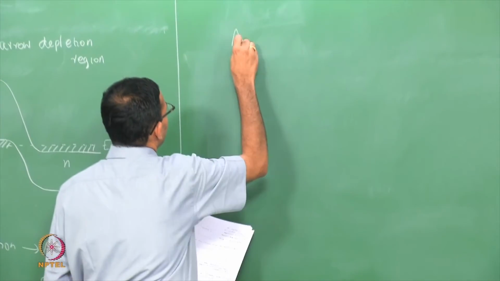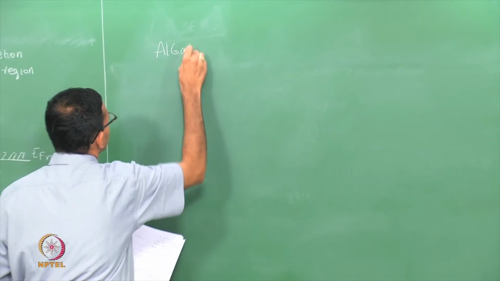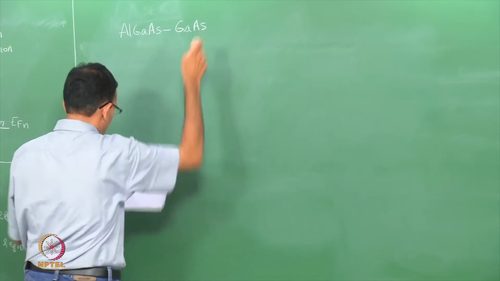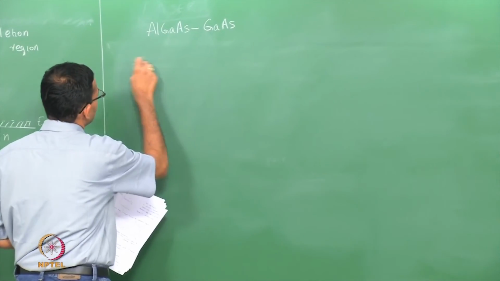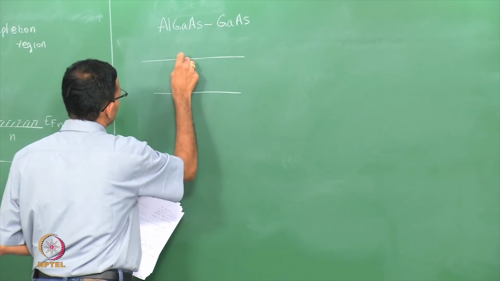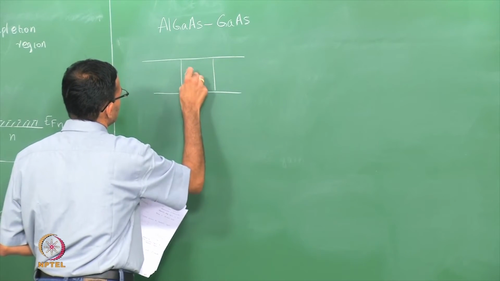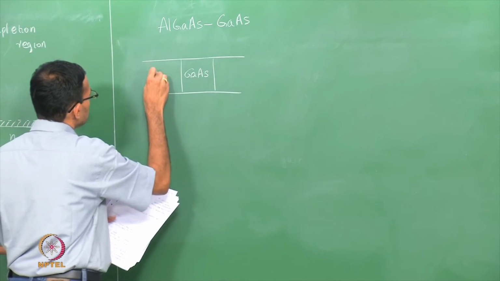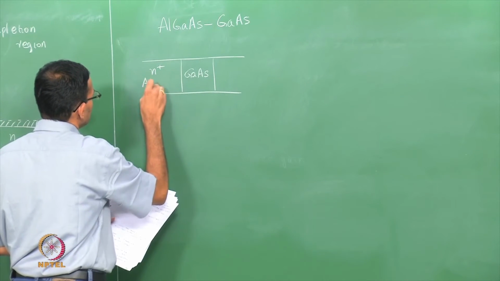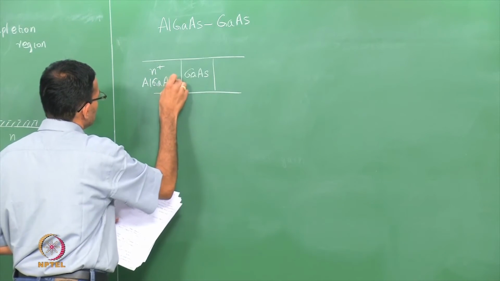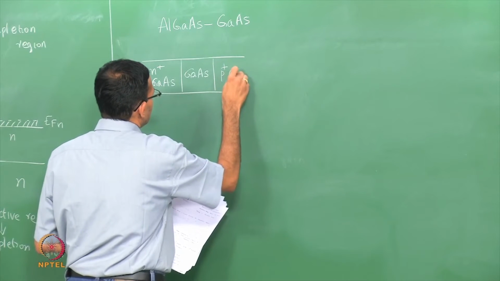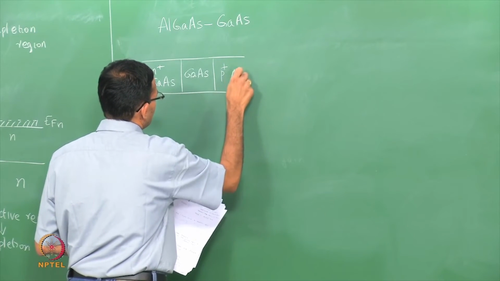So, if I have an aluminum gallium arsenide based structure, N type, and then P type aluminum gallium arsenide.